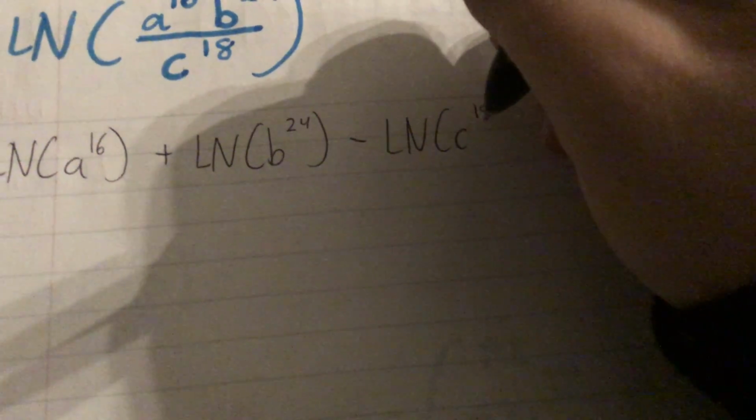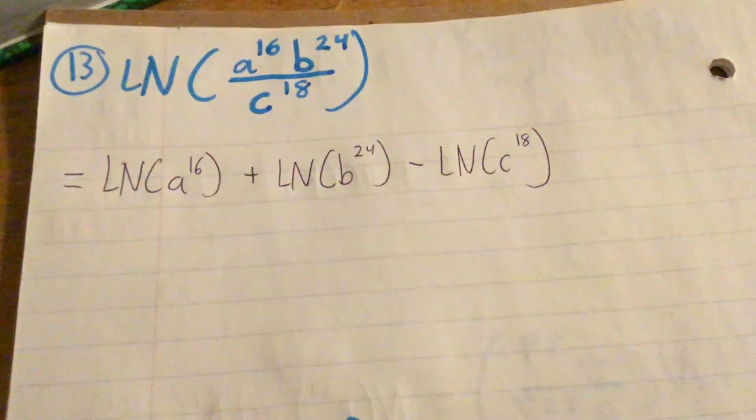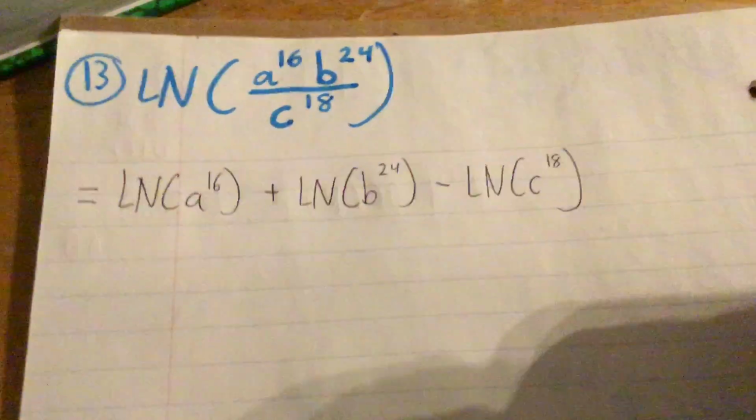Tops are positive, bottoms are negative. ln a to the 16th plus ln b to the 24th minus ln of c to the 18th. Tops are positive, bottoms are negative. Numerators are positive, denominators are negative.